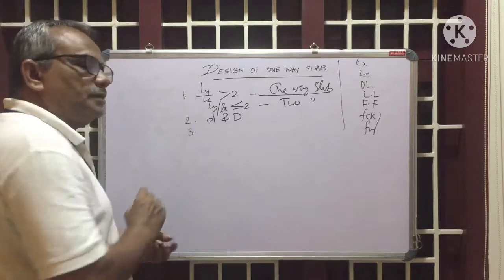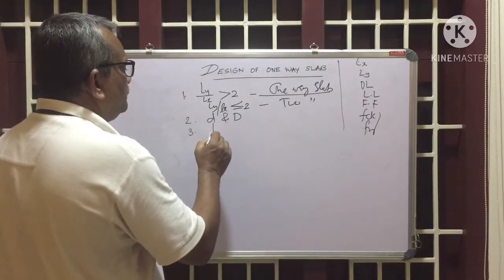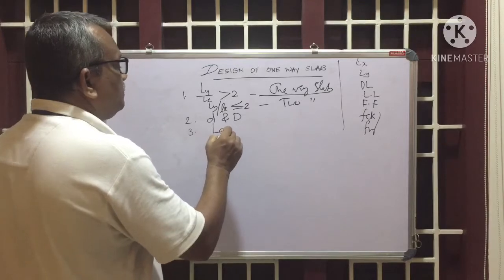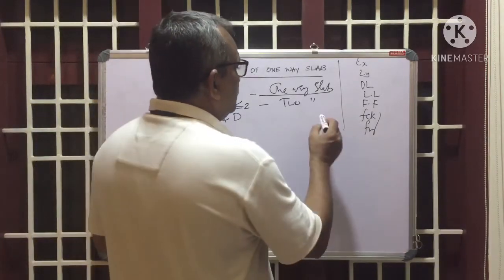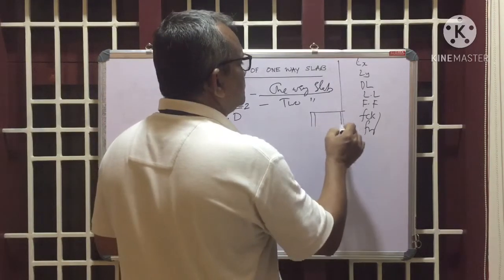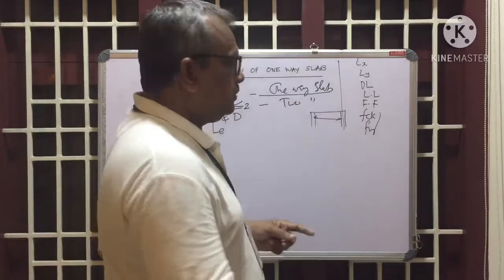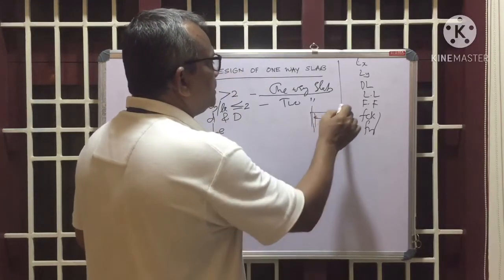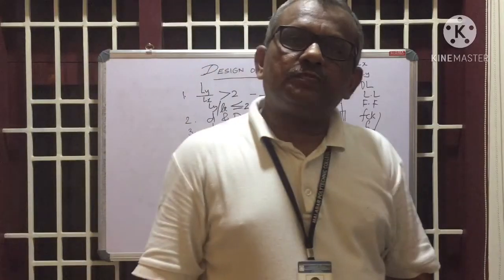And third one, find out the effective span, Le. What do you mean by effective span? Clear span is the clear distance between the supports. Effective span is the center to center distance between the supports. So how can you find out the effective span?